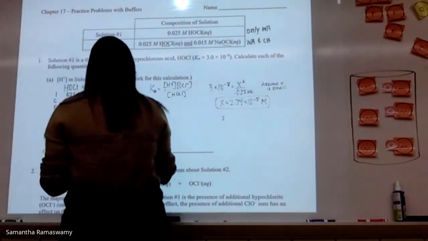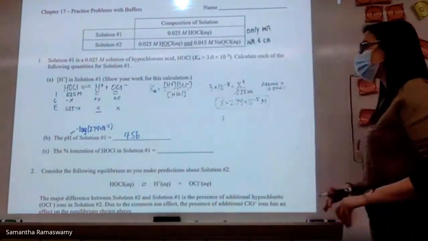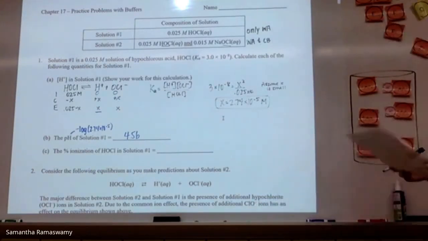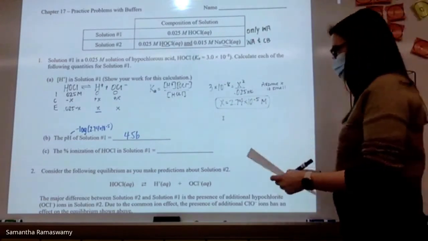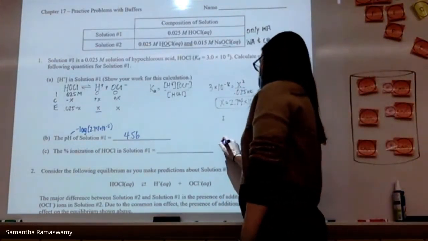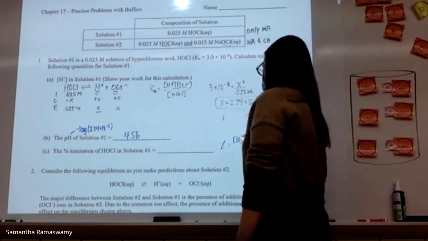Then part C, the percent ionization of HOCl in solution 1. Now we get to review percent ionization a little bit. Remember that percent ionization is the H plus concentration at equilibrium over the initial concentration of the acid times 100.